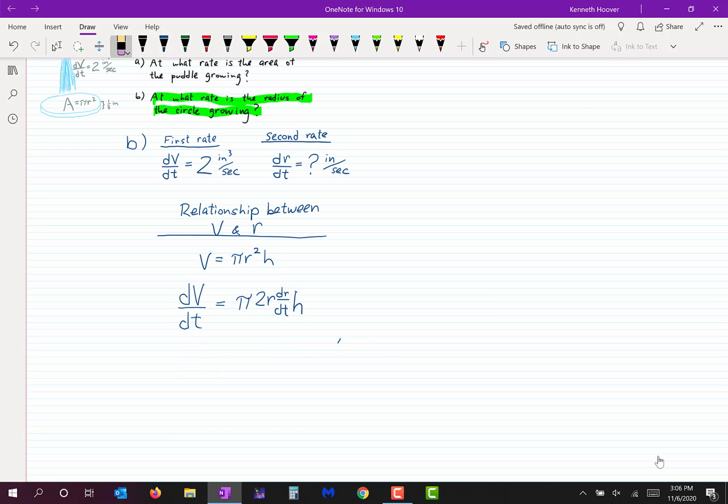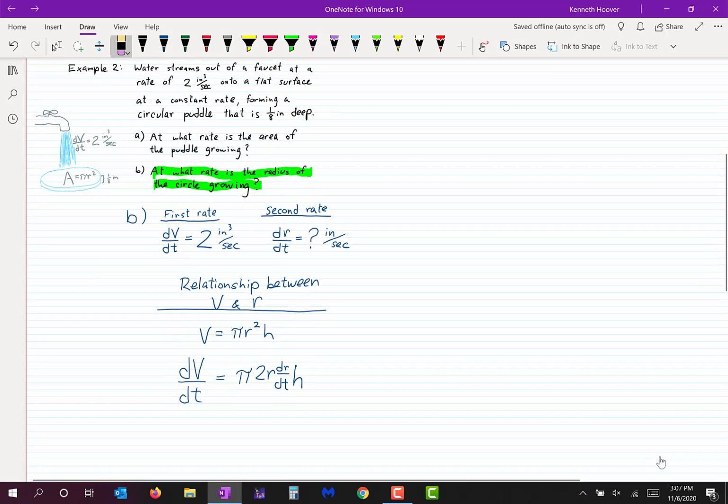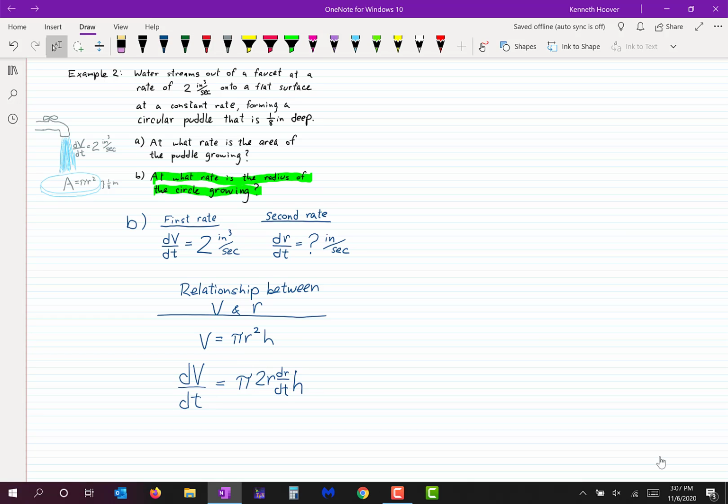All right, now let's plug in what we've been given. What were we given in the problem? The only thing we were given is that the derivative of V is 2 cubic inches per second. Oh, and sorry, we're also being given h is 1/8 of an inch.